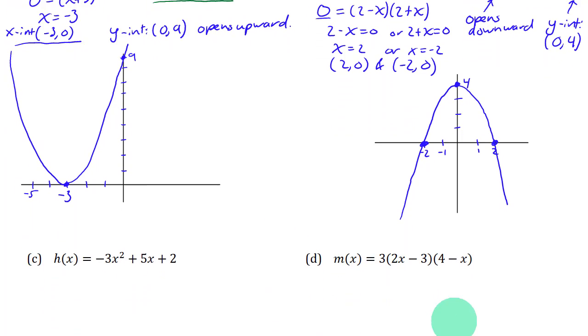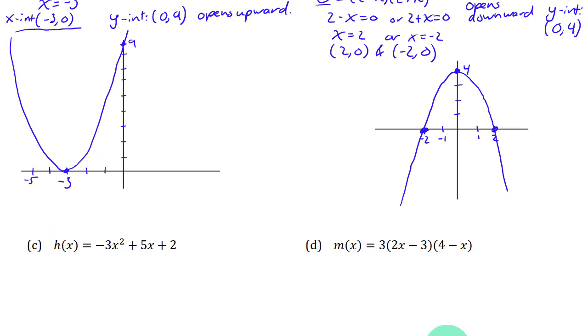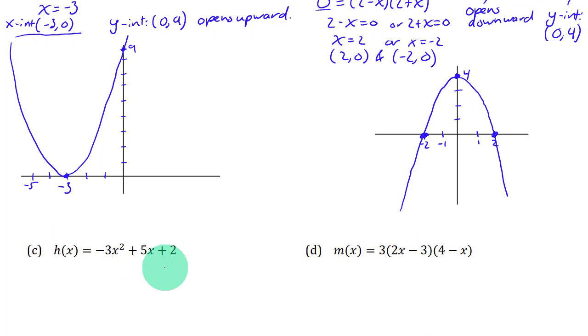All right, here's where it's going to get a little trickier. With C here, first of all, this is in standard form. Let's just see what we know from that. The value of c here is 2, so that means the y-intercept is going to be 0, 2.